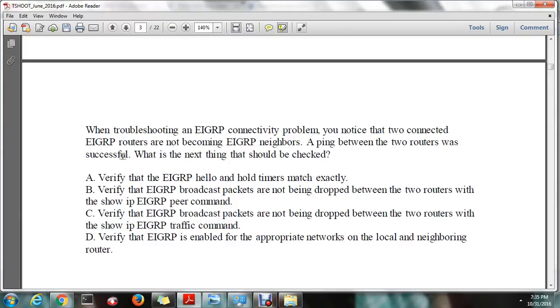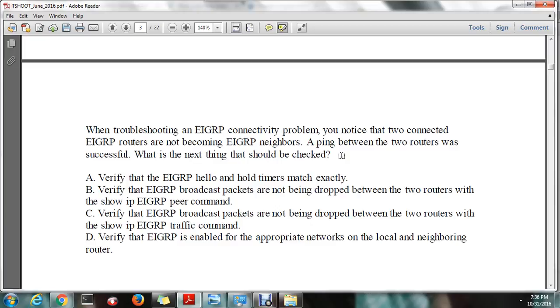A ping between the two routers was successful. What is the next thing that should be checked? Once you are checking the EHRP issue, what will be the things you check other than a ping? Because the first thing you always check is the ping response of the neighbor router. You are able to reach the ping, then what could be the next step?